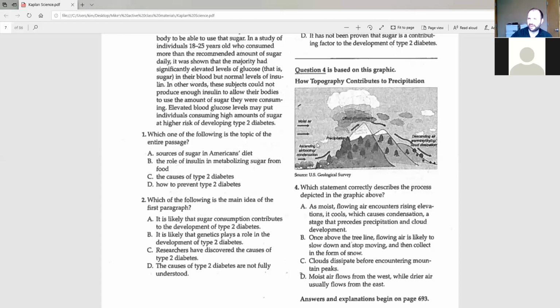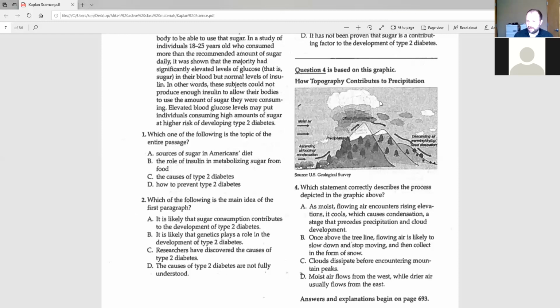Is there anything on here that tells us how slow or fast things are going? There's no mention of speed at all, right? So even if that was true, which it can be, flowing air can rise and slow down, but the fact that it says stop is questionable because flowing air doesn't really ever stop, right? So stop is a pretty definitive word.